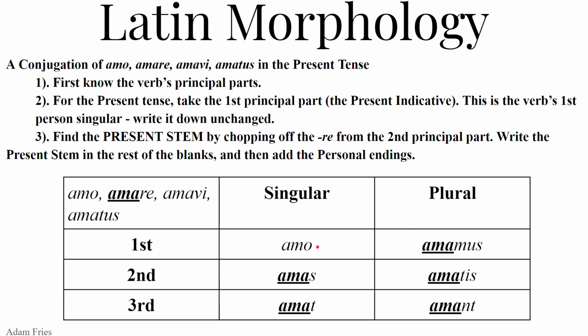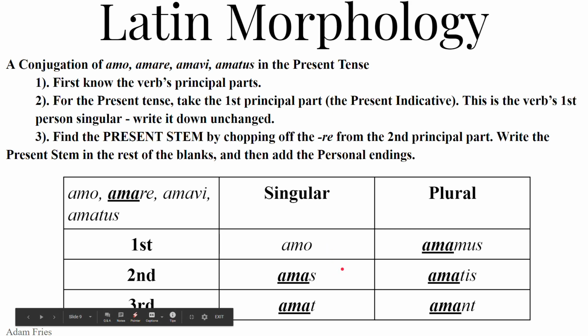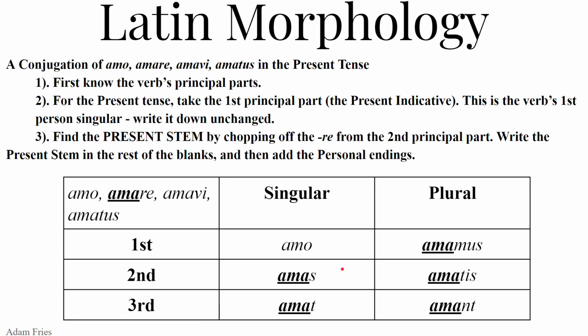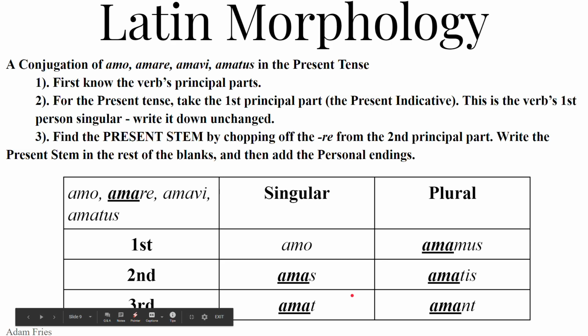So amo, I love, I am loving, I do love. Amas, you love, you are loving, you do love. Amat, he, she, it loves, he, she, it is loving, he, she, it does love.